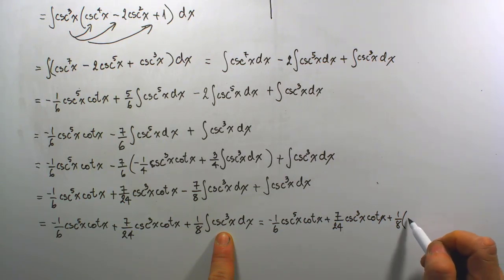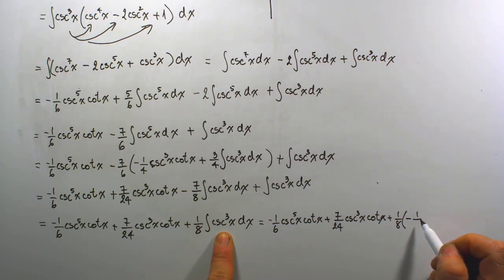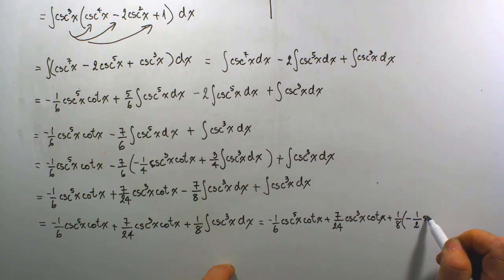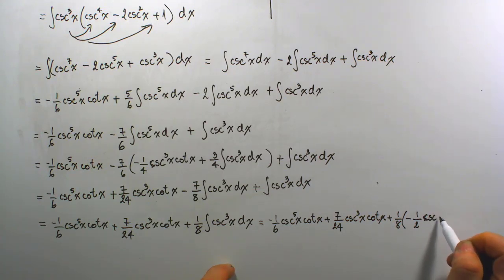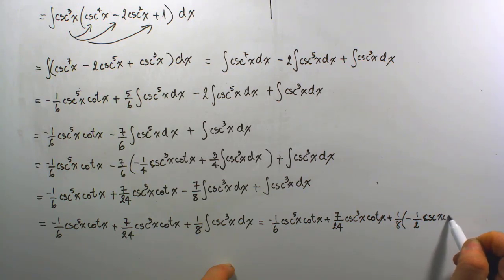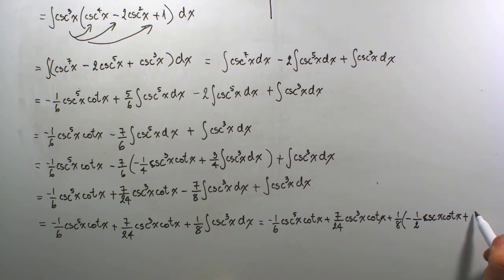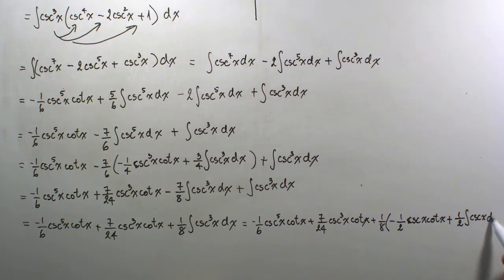So I will have a minus 1 over 2 cosecant of x times cotangent of x plus, and now in integral, I mean 1/2 the integral of just simply a cosecant of x dx.